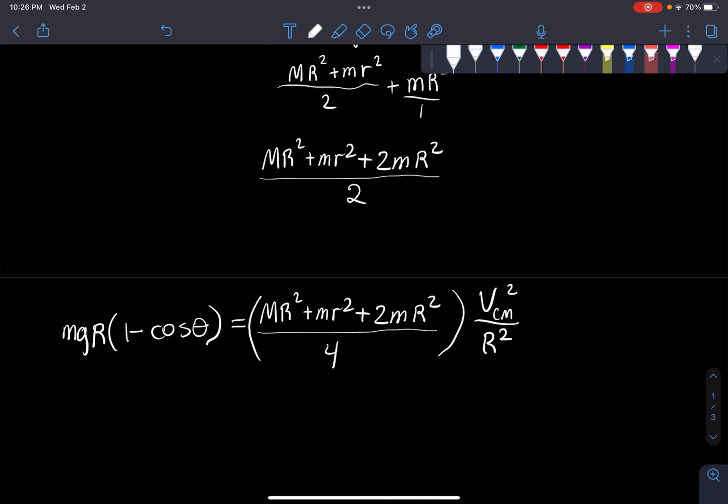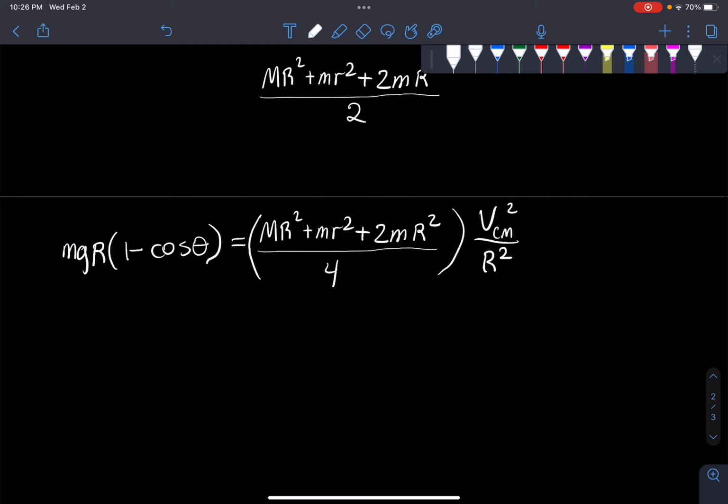Okay, so now I'm going to basically divide both sides by this big fraction, which means just multiply by the reciprocal.